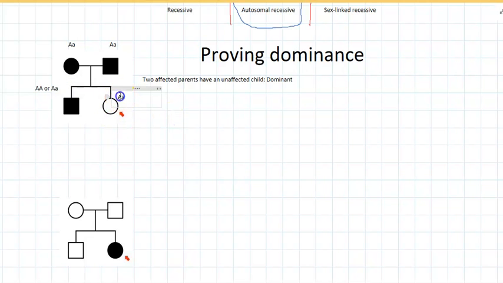And then this child must have two copies of the healthy recessive allele. That's possible because both parents here are heterozygous. So the mum can donate her small a and the father can donate his small a. That's the only way for two affected parents to have an unaffected child. They're going to have to be both heterozygous and the trait has to be dominant.